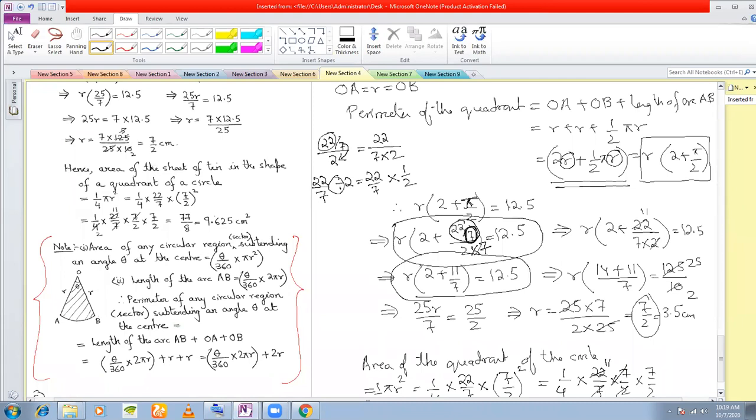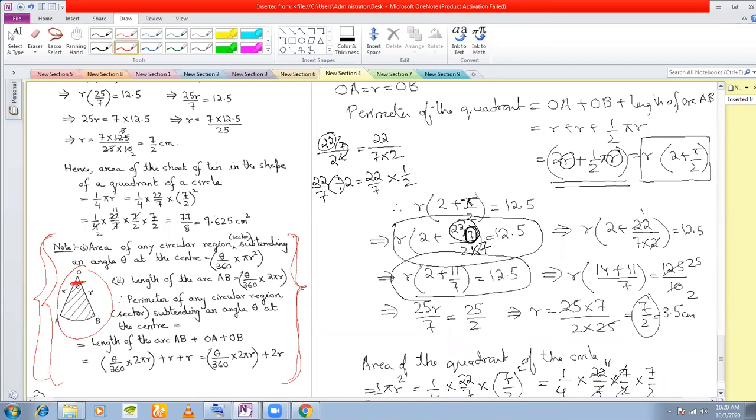Okay. Now I have given a small note here. This is not a very important note for your syllabus, but especially if you're taking science, it is important, because for any sector of a circle that you take, if you want to find out the area, you must know this angle theta.